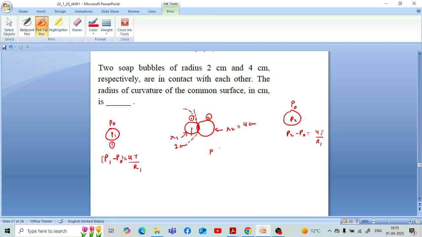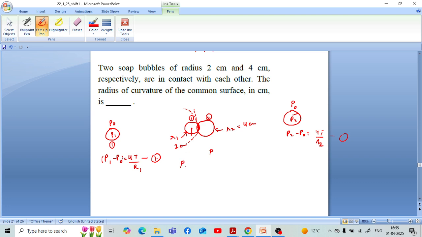First of all we write the individual relationships. This is equation 1, P1 minus P0 equals 4T upon R1, and P2 minus P0 is equal to 4T upon R2, where the radius of this is R2.